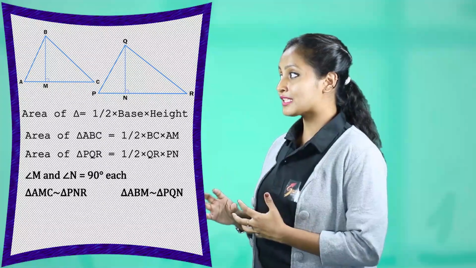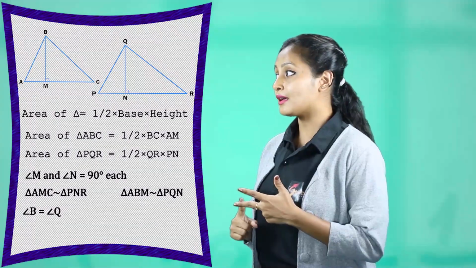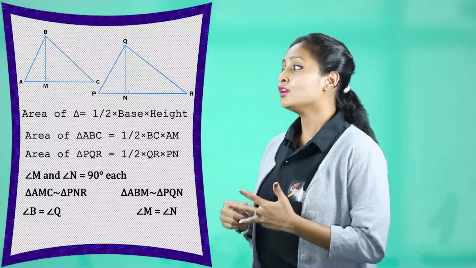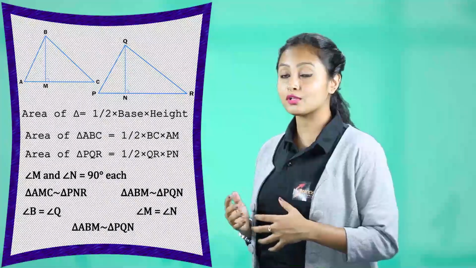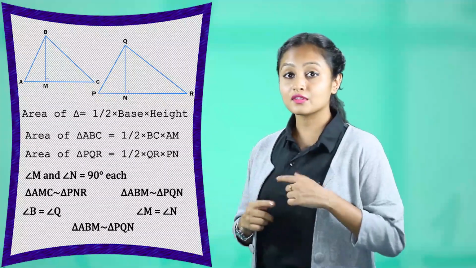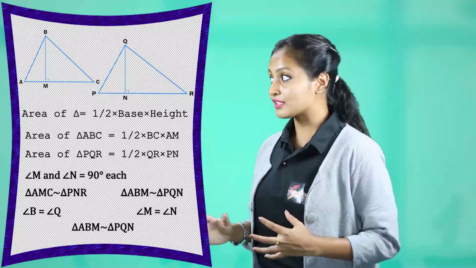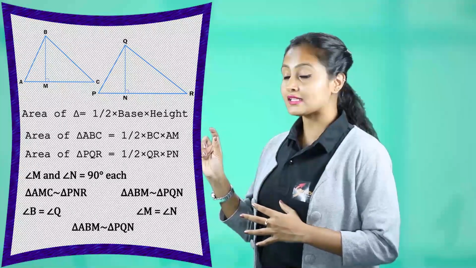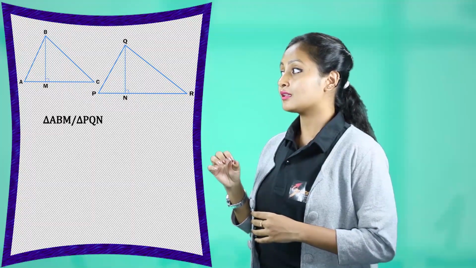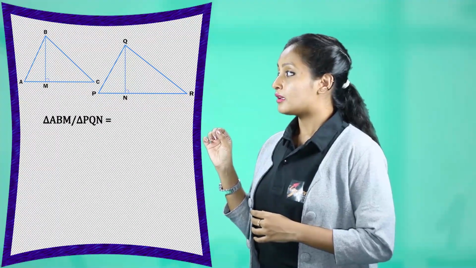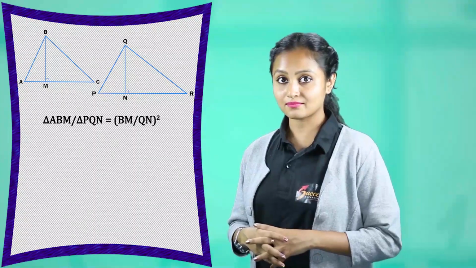So angle B is equal to angle Q and angle M is equal to angle N. Triangle ABM is similar to triangle PQN with respect to the angle criterion. If we take the ratio of triangle ABM to triangle PQN, that will be equal to the square of the sides, which is BM divided by QN, the whole square.